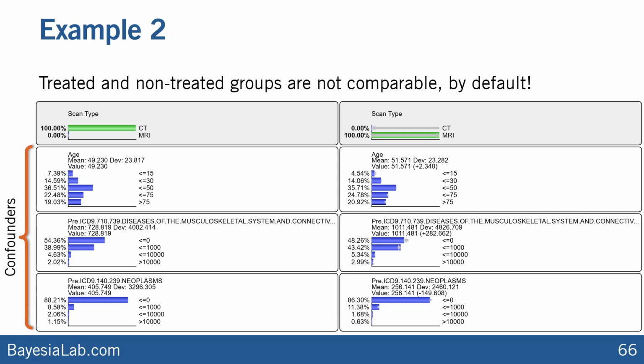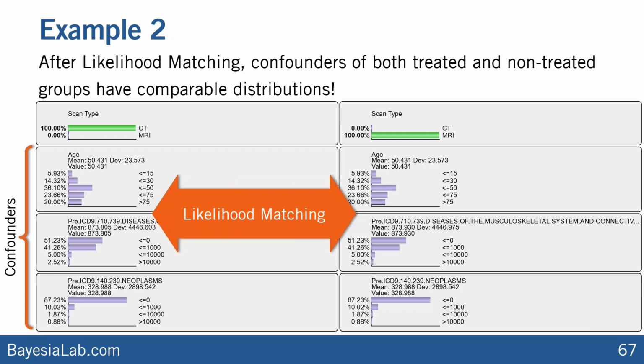That's the objective of conditioning, of stratifying, whatever method you use for conditioning. Here we use likelihood matching, moving from these not comparable distributions to comparable distributions. That's what BayesiaLab does. It's actually a fairly demanding algorithm that has to run in the background.